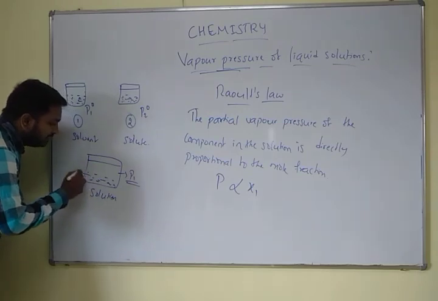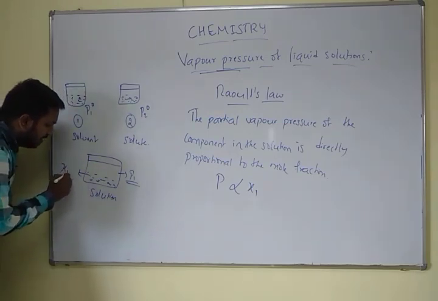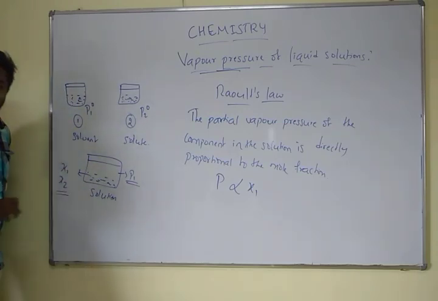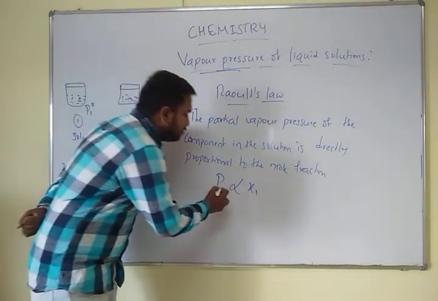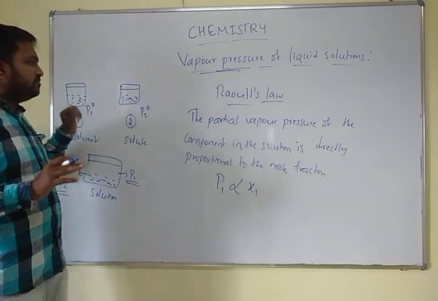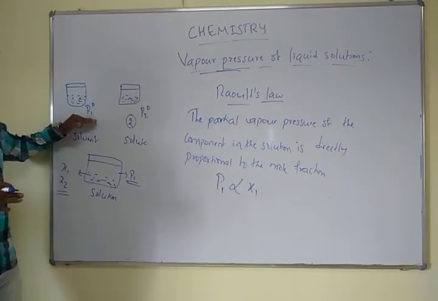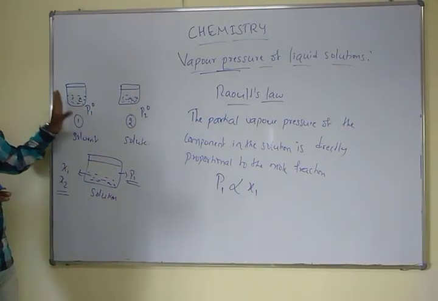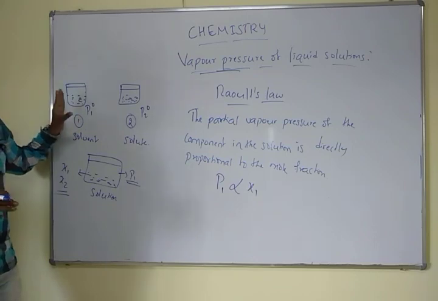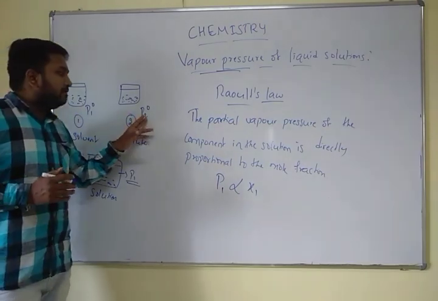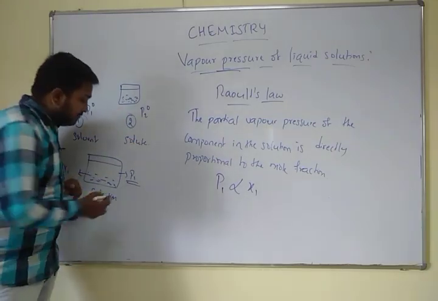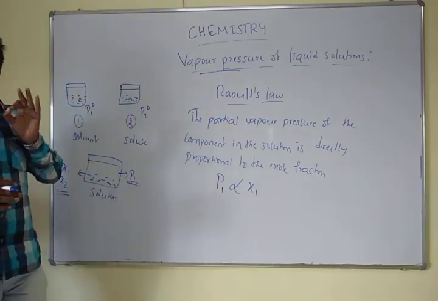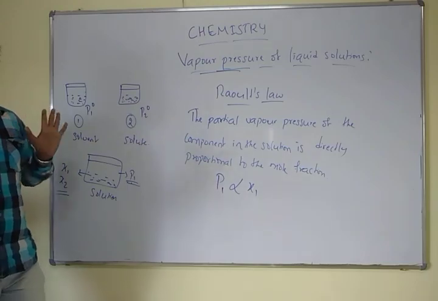So we can get the mole fractions x1 and x2 also in this case, because this is the solution. According to Raoult's law, you need to understand, P1 naught is the vapor pressure of the solvent in its pure form. That means before getting combined, and P2 naught is the vapor pressure of the solute before getting combined. Clear? Whereas P1 and P2 are the partial vapor pressures in the solution.